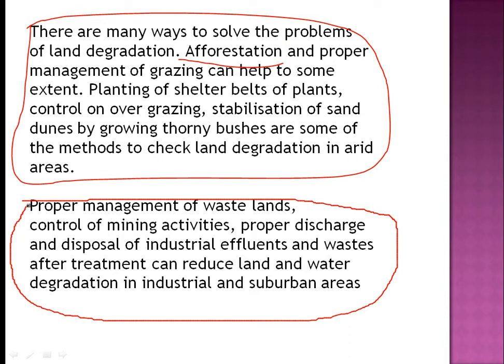These points. Clear? Proper management of waste, control of mining activities, proper discharge and disposal of industrial effluent and waste after treatment can reduce land and water degradation in industrial and suburban areas.